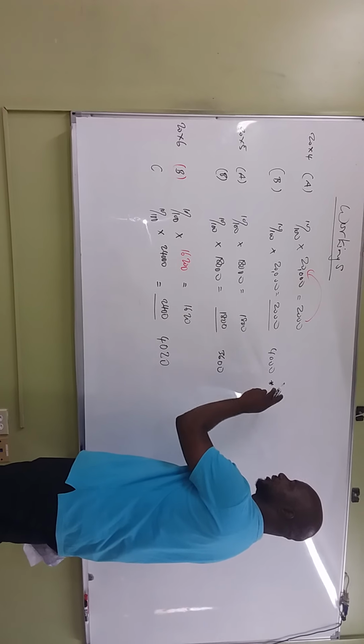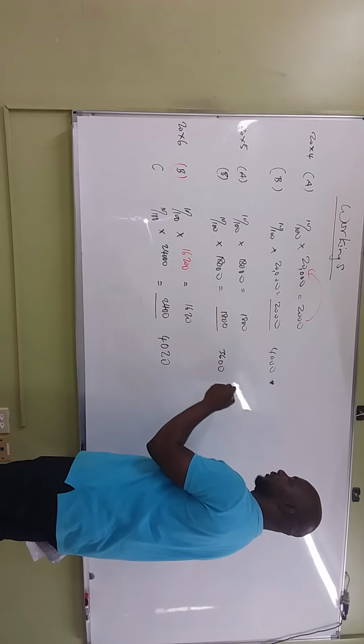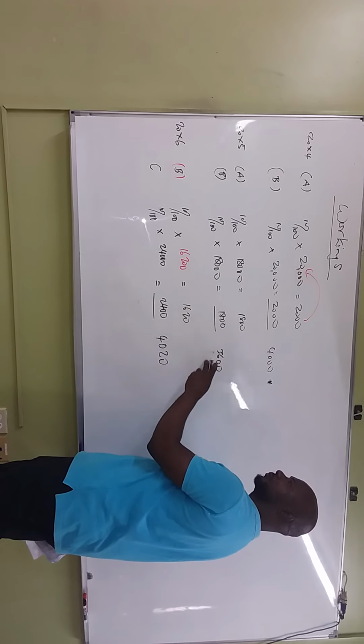Alright, so depreciation charge for 2004 total 4,000. For 2005, total 3,600. For 2006, total 4,020. Alright. Okay.